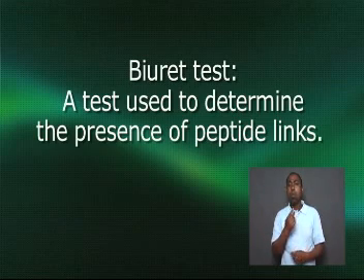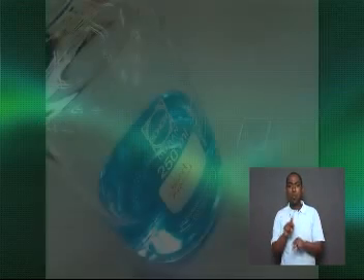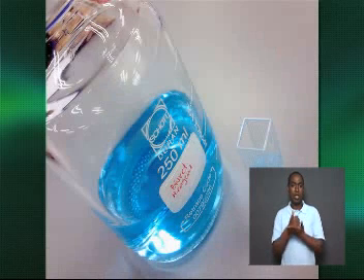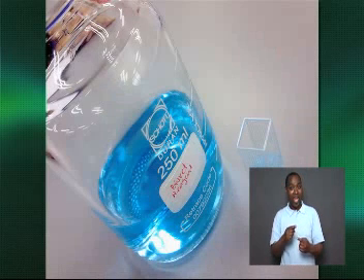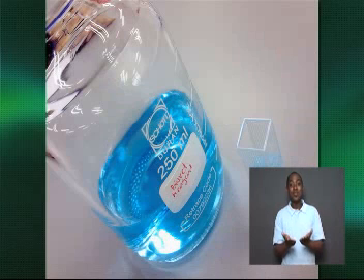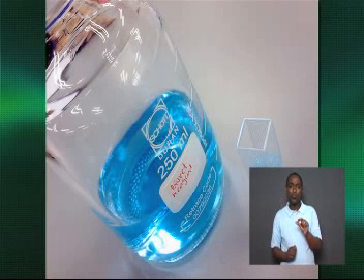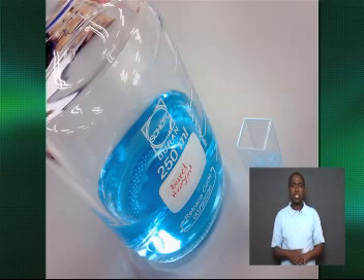acid in the peptide. To conduct this test, the necessary materials include test tubes, a sample substance, and a Biuret reagent.